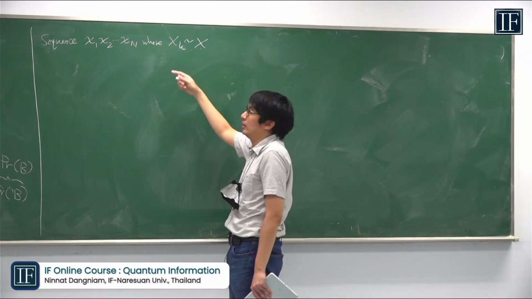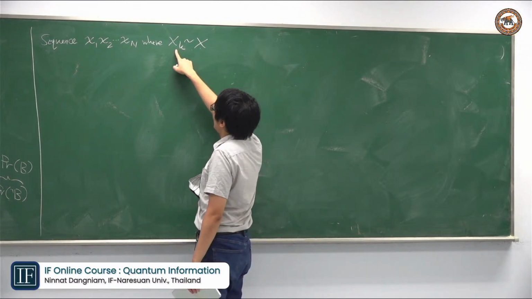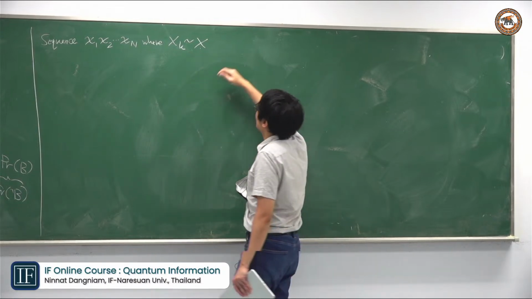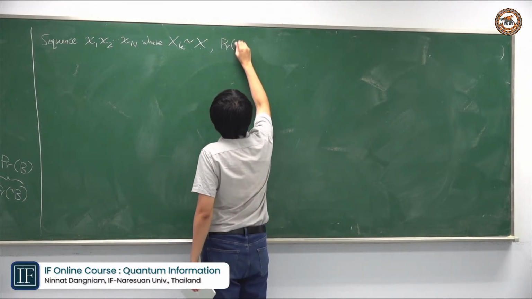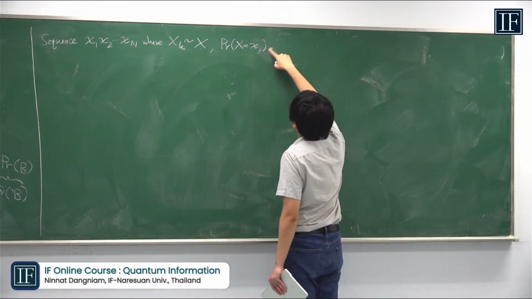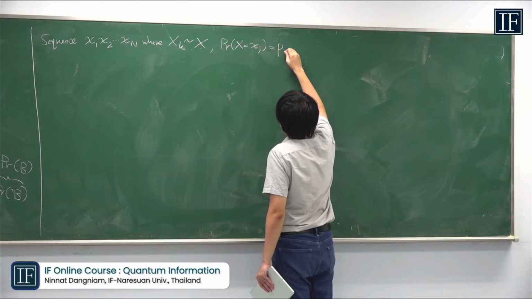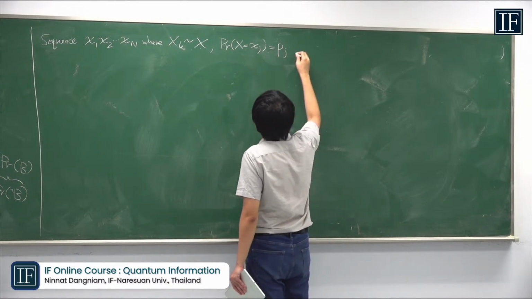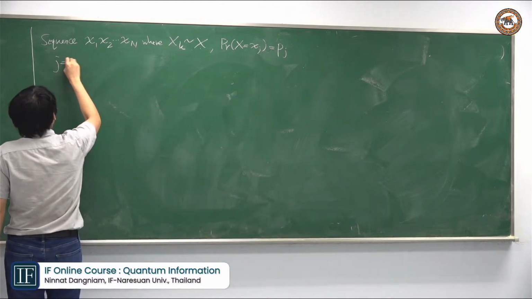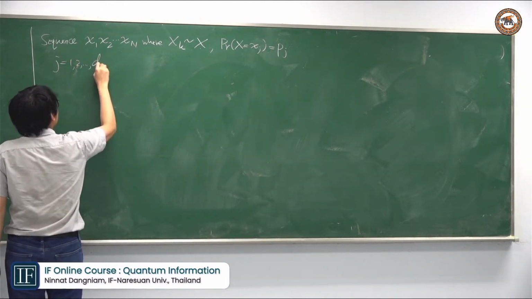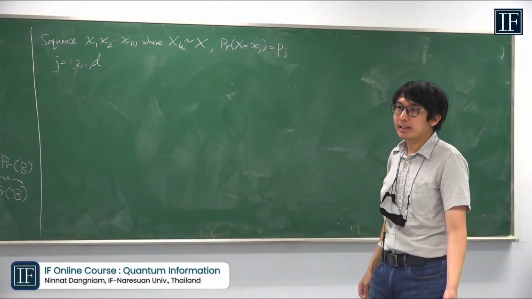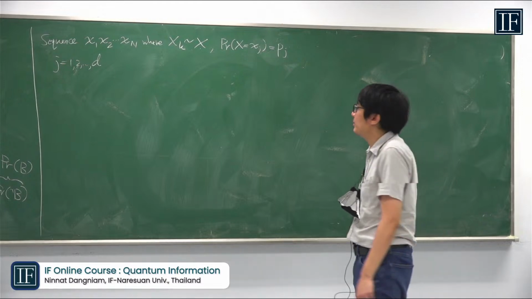So all x_k are distributed according to some random variable X, which takes value x_j with probability p_j, and j goes from 1 to D. So this is like throwing a 6-sided die n times.